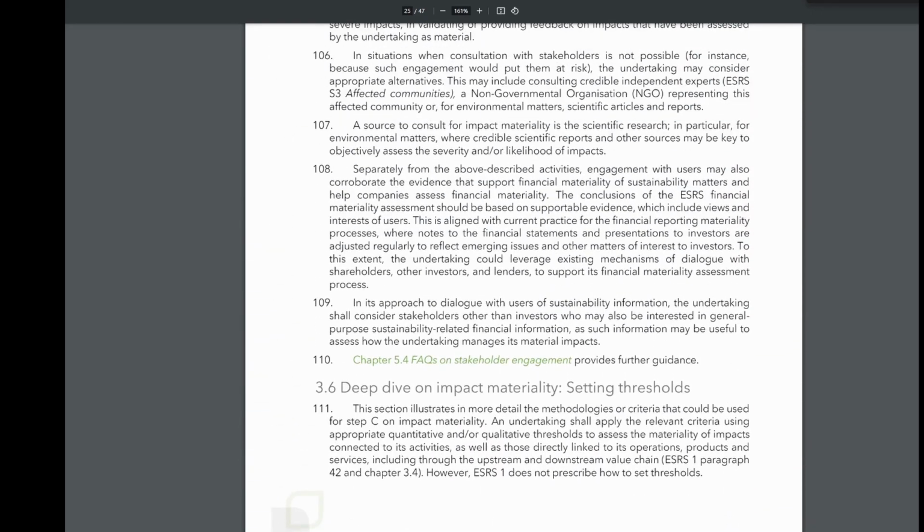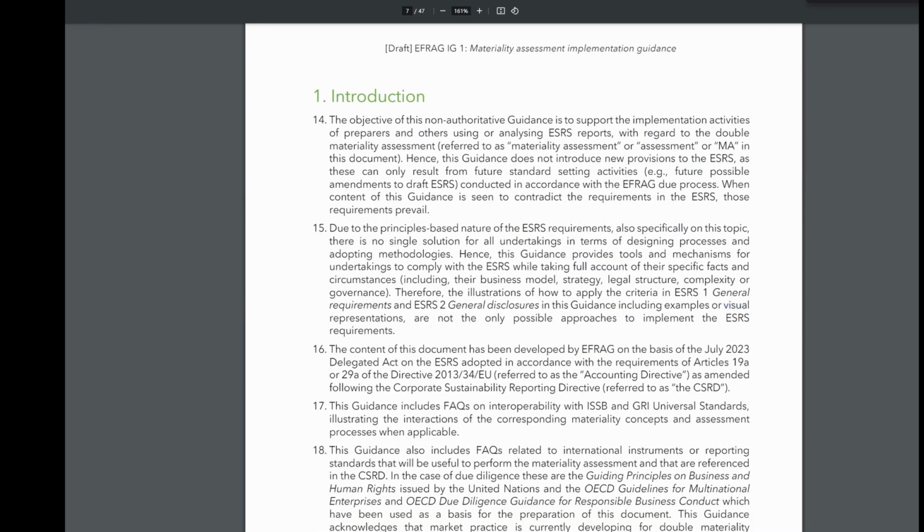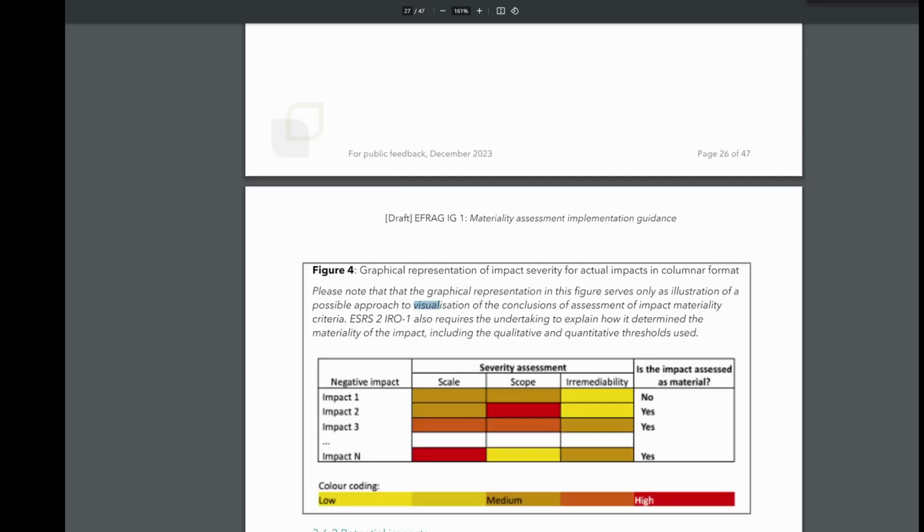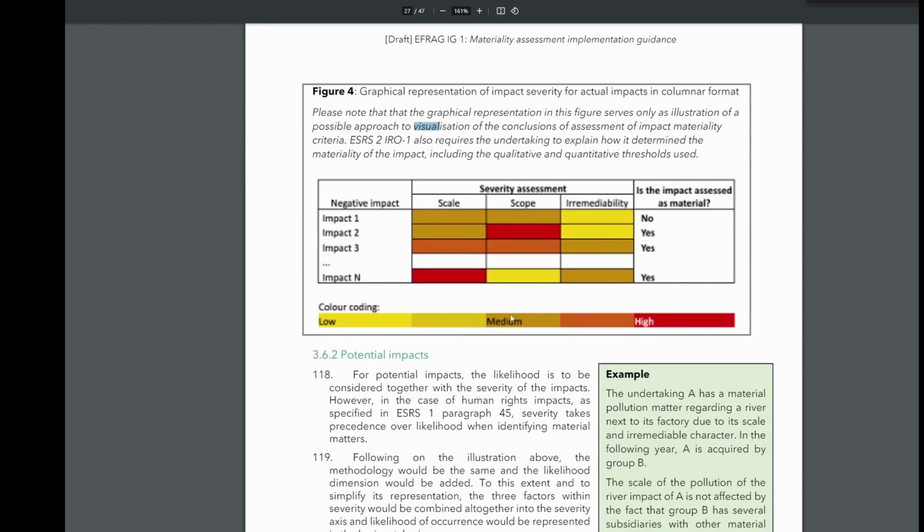Now we'll go to visualization because there are some other visuals in this guidance paper, which are also quite helpful. So here is a visualization of a severity assessment, and this is just for negative impacts. So here we have a sort of severity scoring and a materiality indication. But this is not particularly helpful for a user of the materiality assessment results.